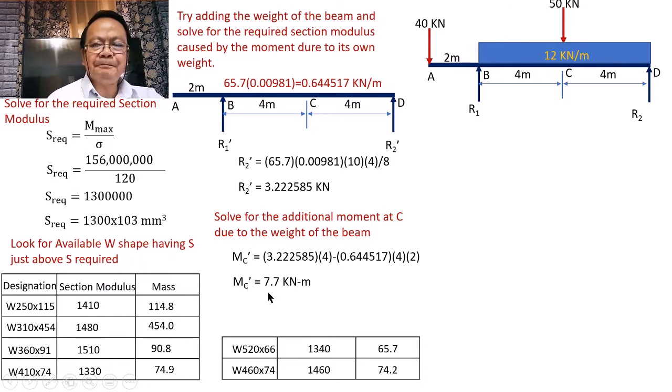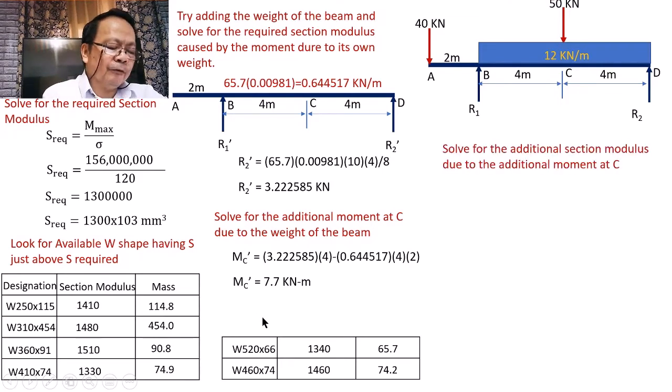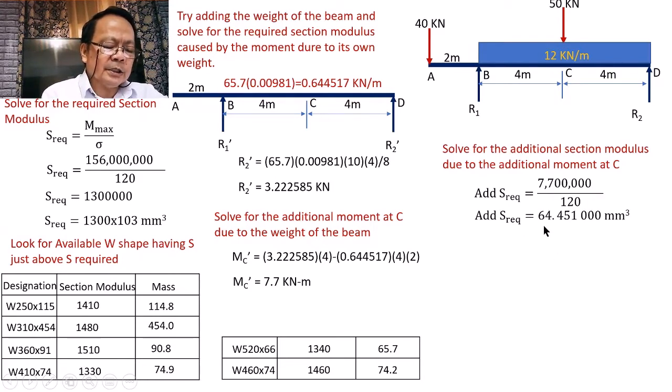O kaya naman, pwede natin kunin yung additional section modulus nitong moment na ito kapag ito i-divide natin sa allowable stress ng material. And so we can solve for the additional section modulus due to the additional moment at C. And that will be equal to 7,700 times 10 cube. This becomes millimeter cube divided by 120, and that gives us 64.651.